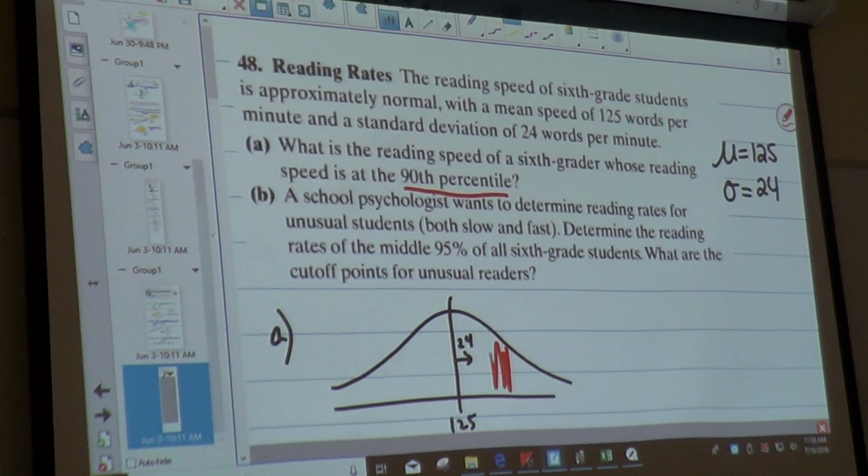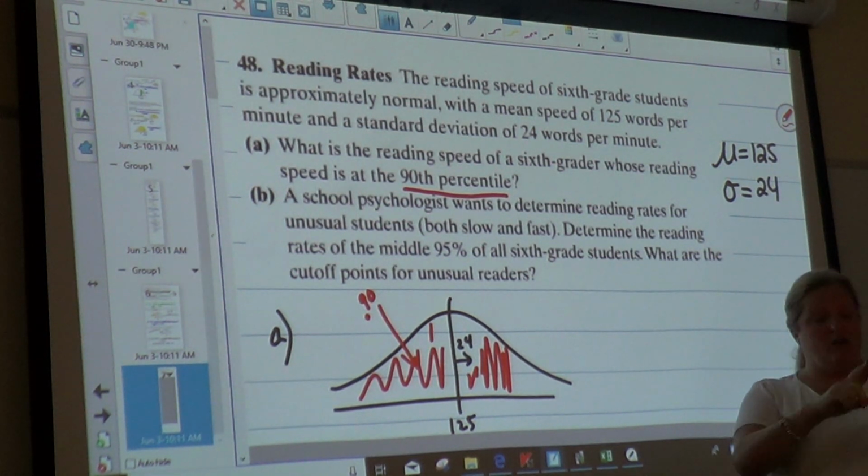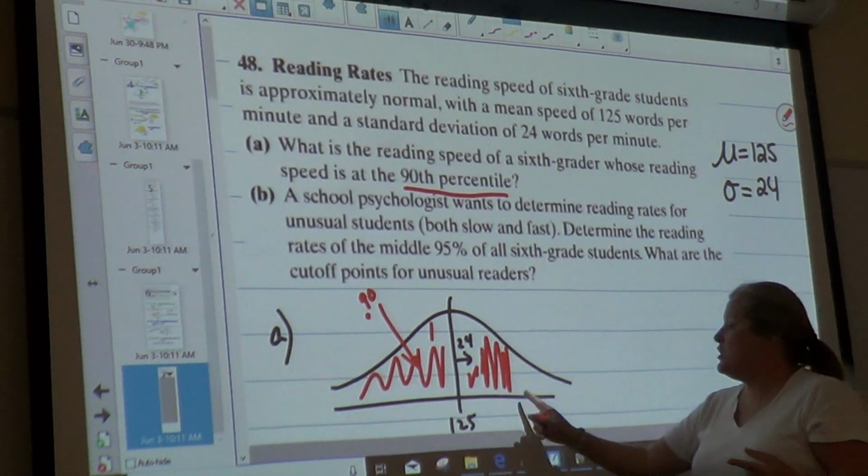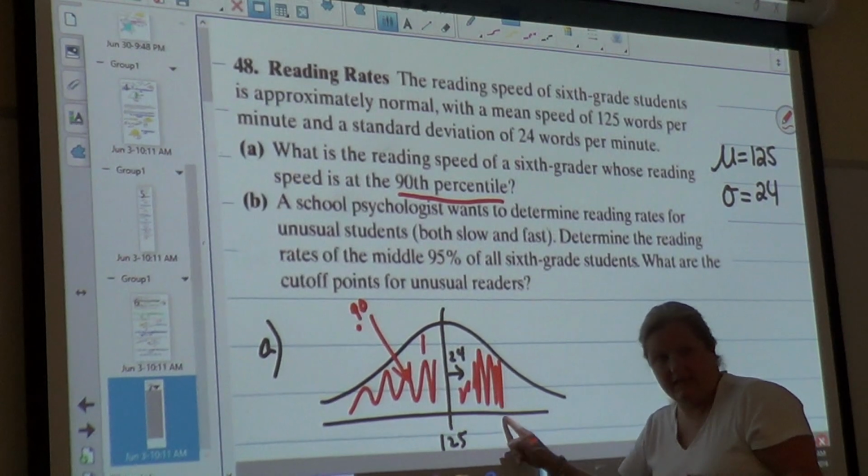All right, the shade to the left is 0.90. We want to know what his reading score is. We don't want to know the probability. We don't want to know the percentage. We want to know what the score is.